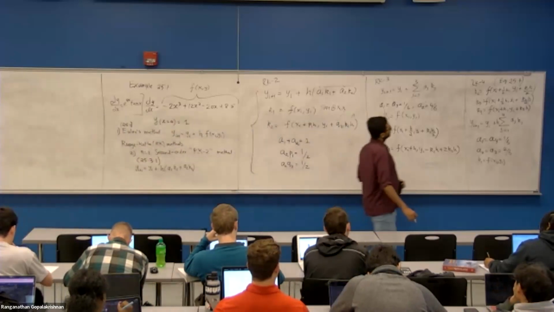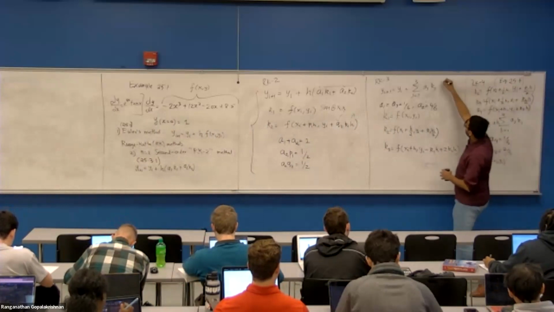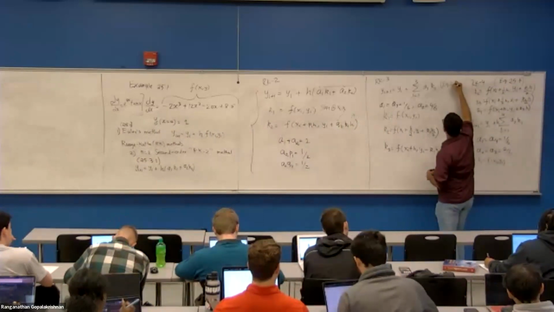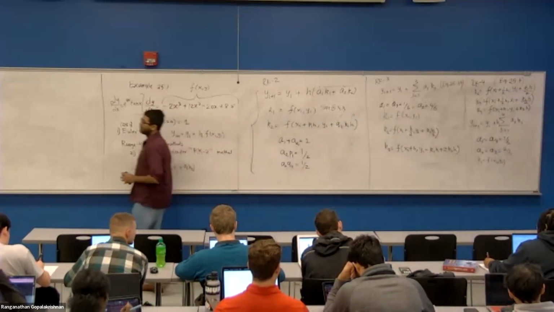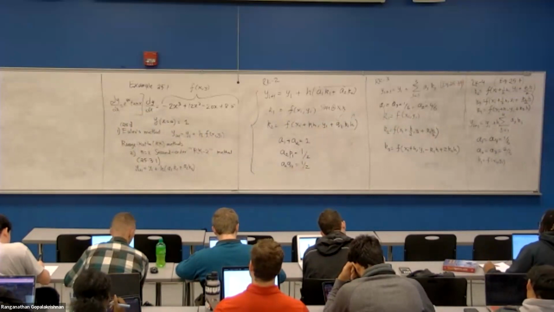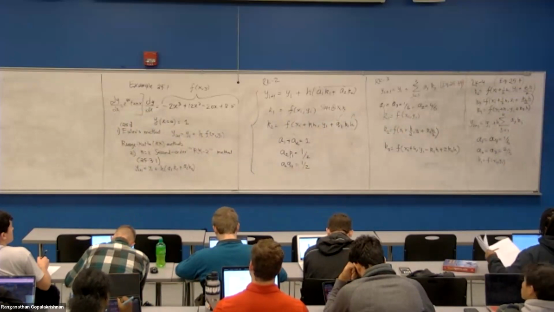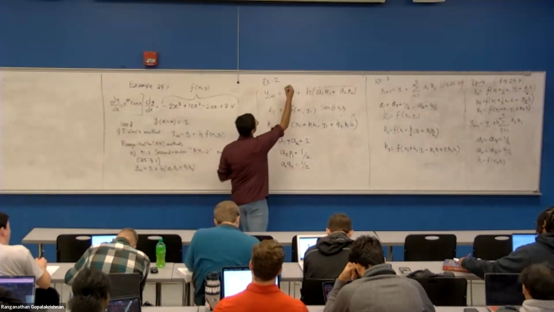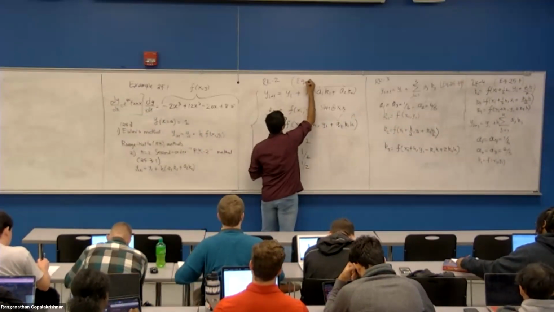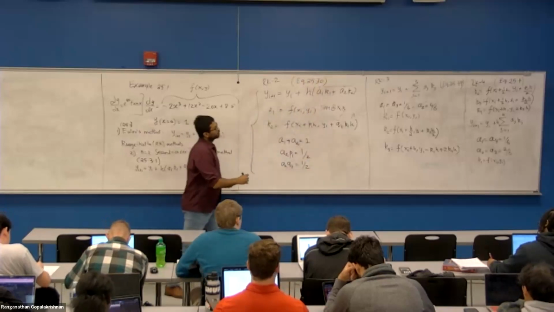Oh, it's 25.40. 25.39. Equation 25.39. And then for the second order method, the most general form is equation 25.30. I think that is 40.